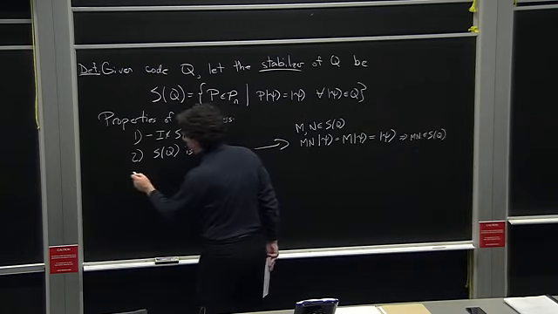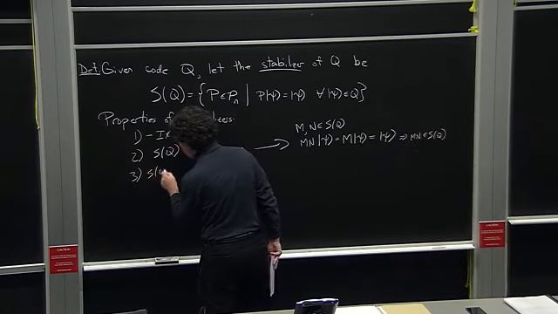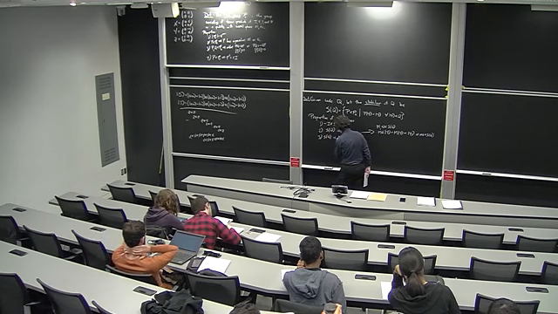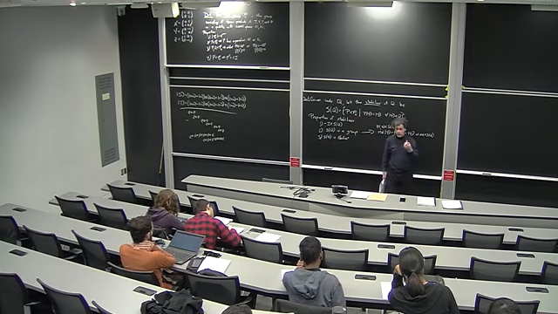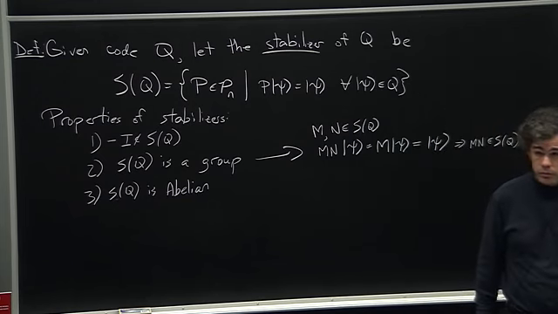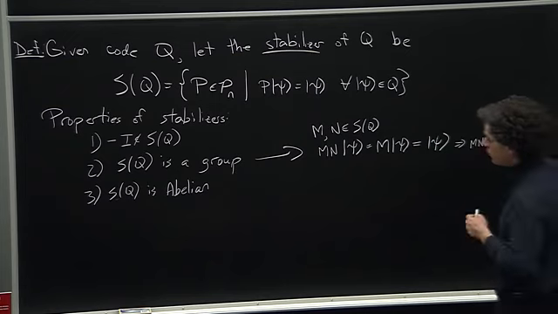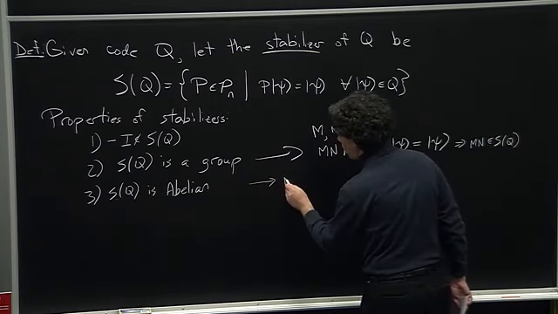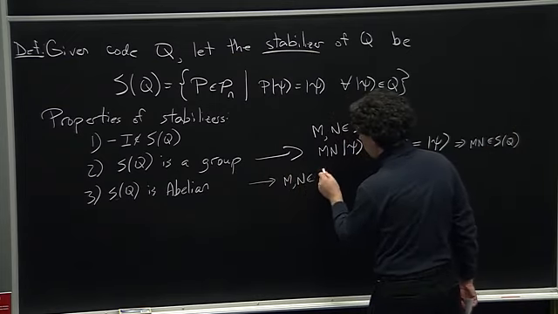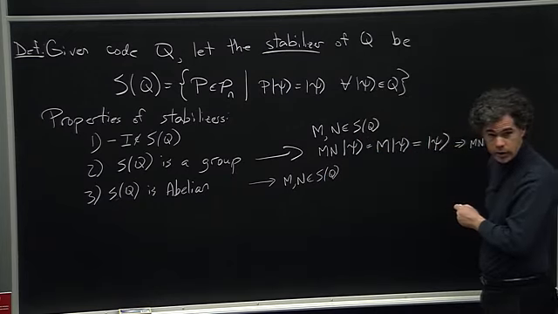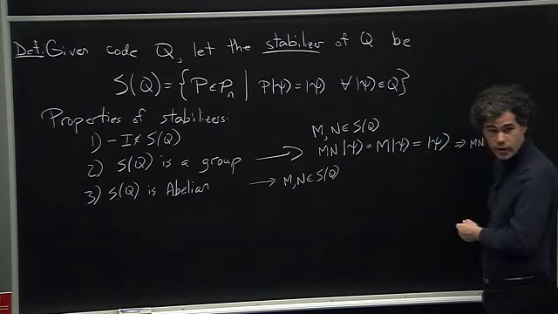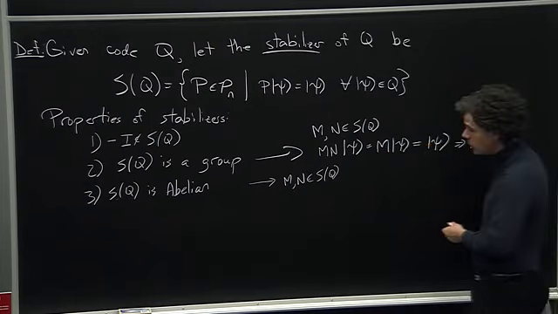And then the final property is that not only is it a group, it's abelian. So what does abelian mean? It means that everything in the group commutes. So let's again see that. So suppose we have MN in the stabilizer. We know that MN psi is equal to psi. And it's also true that NM psi is equal to psi by the same argument.